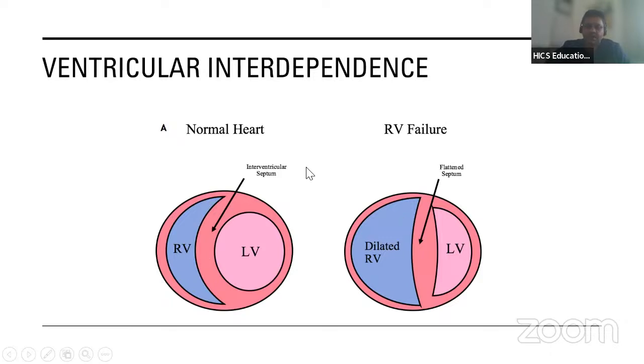But when the right ventricle fails, either because of pressure or volume overload or both, the interventricular septum becomes straight and you find a D-shaped ventricle. The right ventricle becomes dilated, the efficiency of the left ventricle decreases, and consequently a dilated right ventricle results in compromised end-diastolic filling of the left ventricle and therefore a low cardiac output.